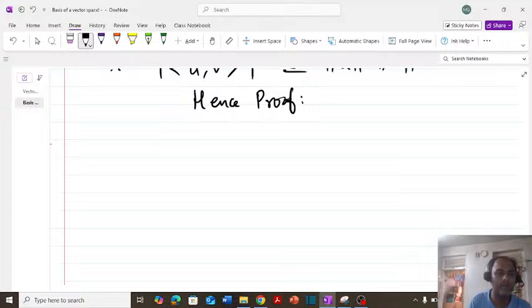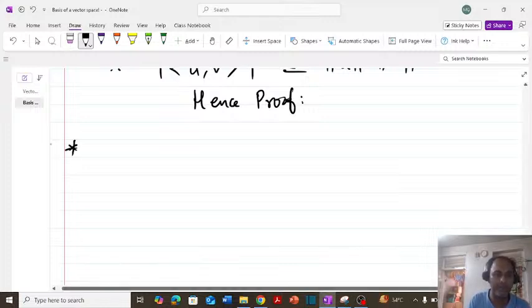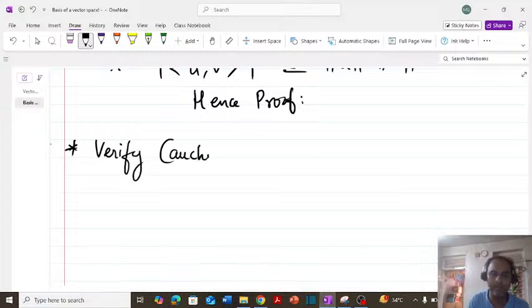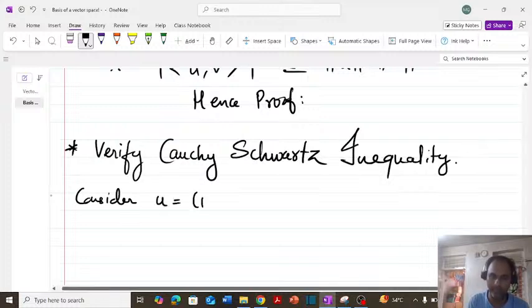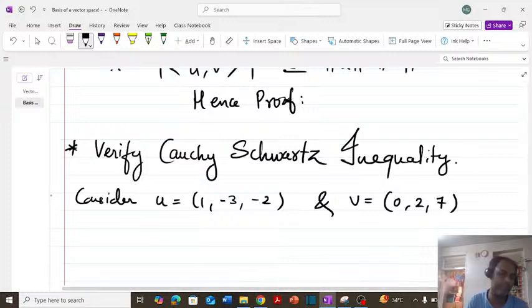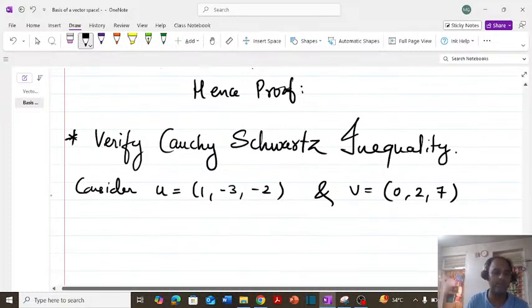Okay, so in exams most of the time they ask you to verify the Cauchy-Schwarz inequality. So consider u equals (1, -3, -2) and v equals (0, 2, 7).